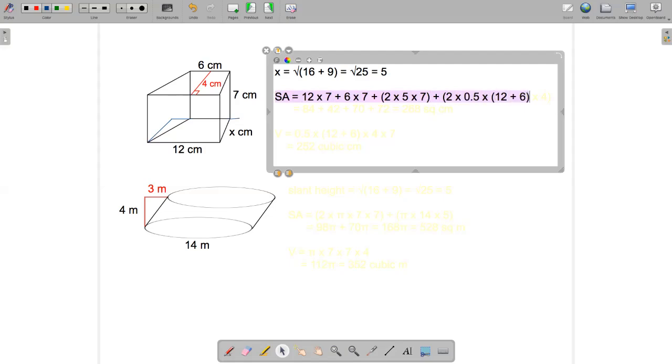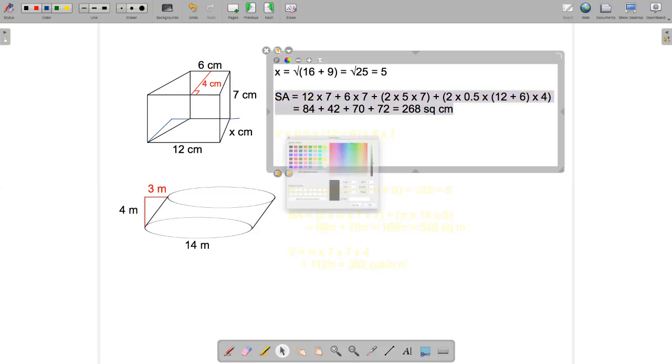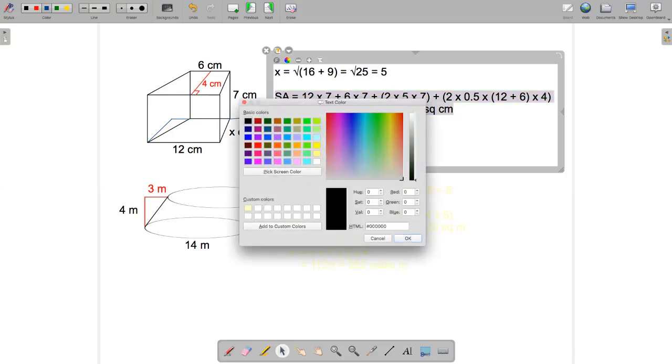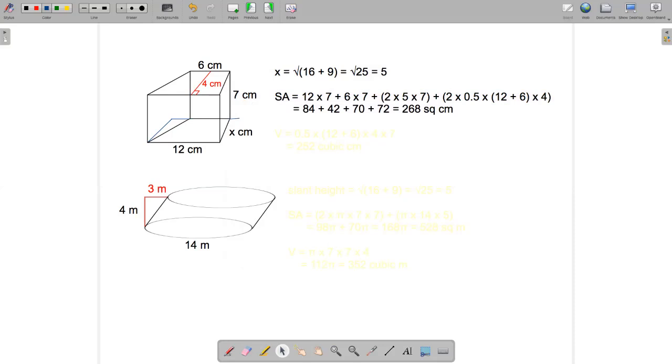Area of each trapezoid is a half times 12 plus 6 times the perpendicular distance between the two parallel sides, which is 4. Whew. Add all those pieces together and we get 268 square centimeters. So there's quite a lot going on there.